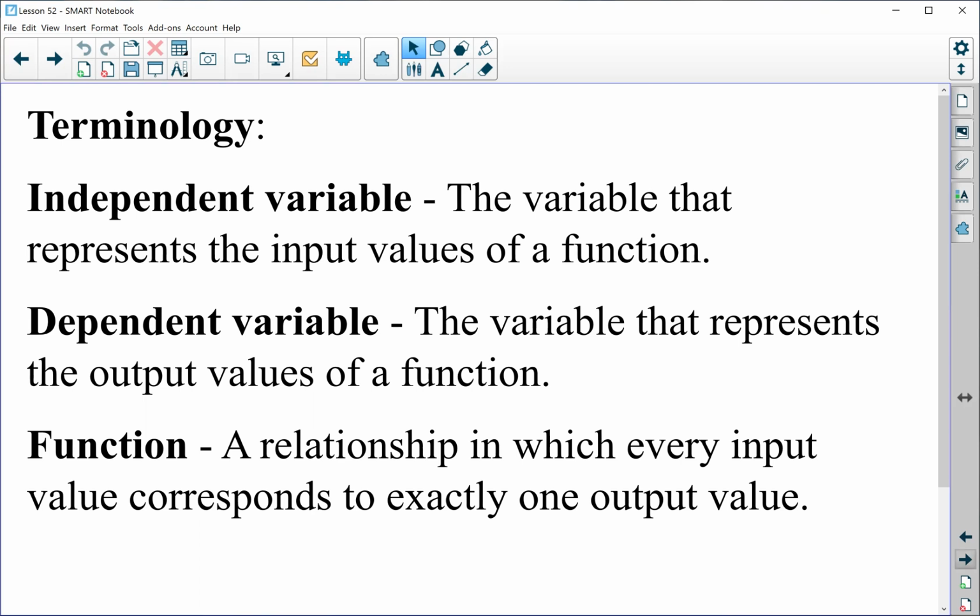So the biggest, I think the biggest one here is the definition of a function.